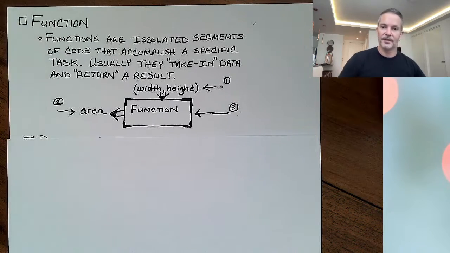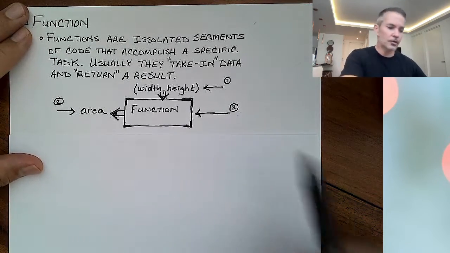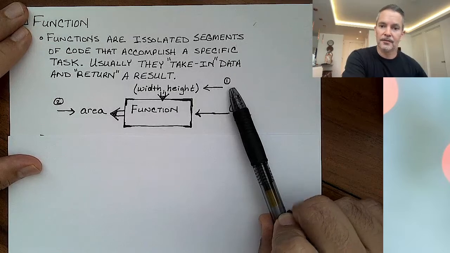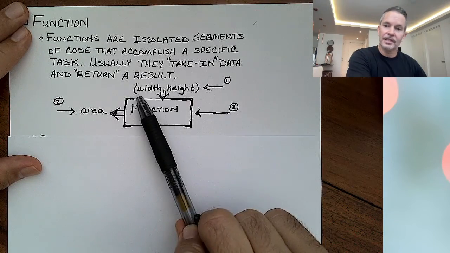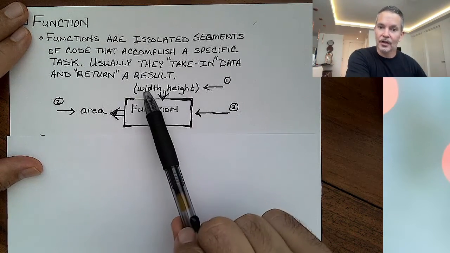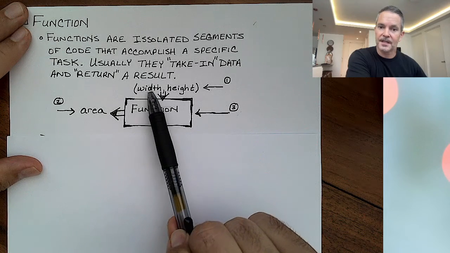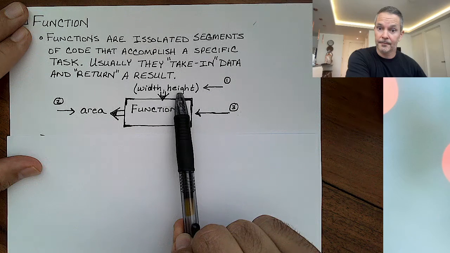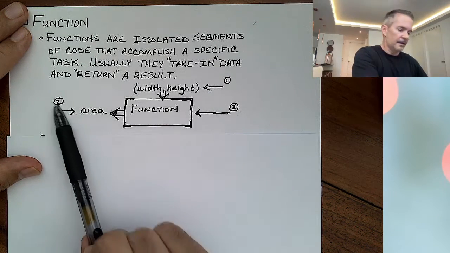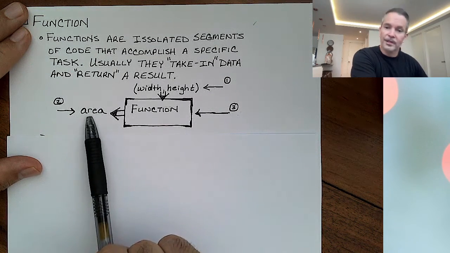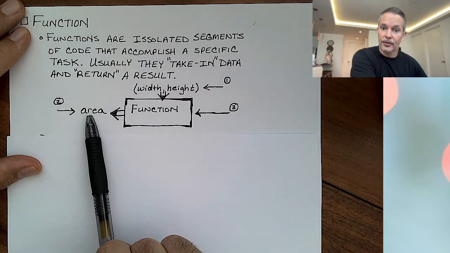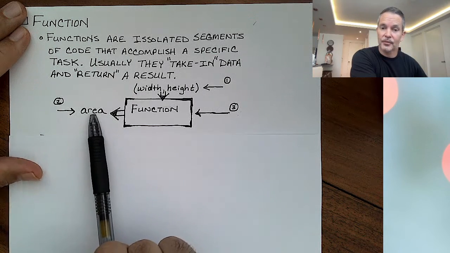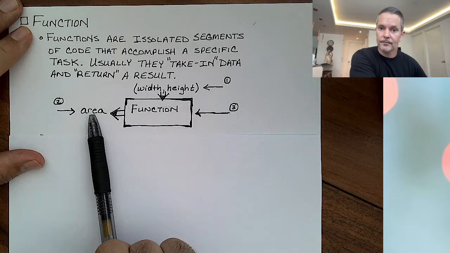Property one of a function: they usually take in data. Here I'm showing that this function takes in width and height. And property two, they usually return some sort of value. Here I'm saying I'm going to return area.